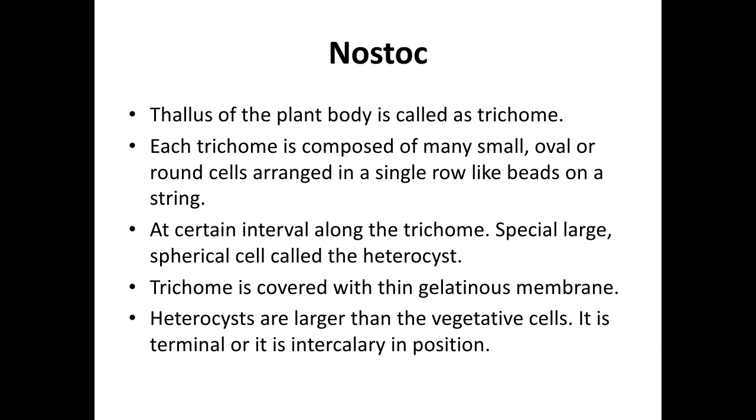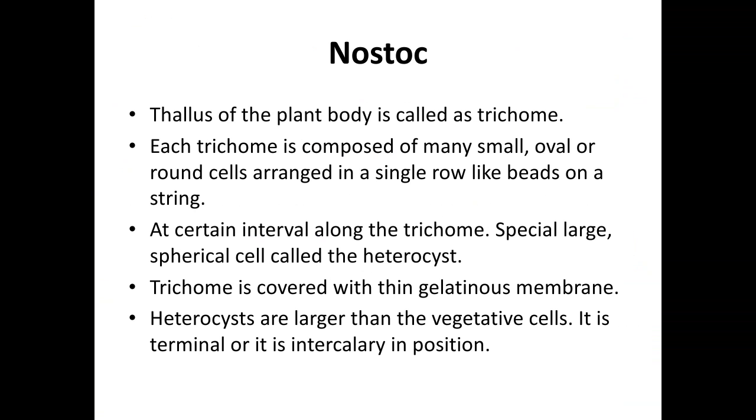Now the heterocysts are of three types: the apical heterocyst, basal heterocyst, and intercalary heterocyst. In case of Nostoc, the heterocyst is present in between the vegetative cells in the filament, and such a type of heterocyst is generally known as an intercalary heterocyst. It is present inside the trichome.